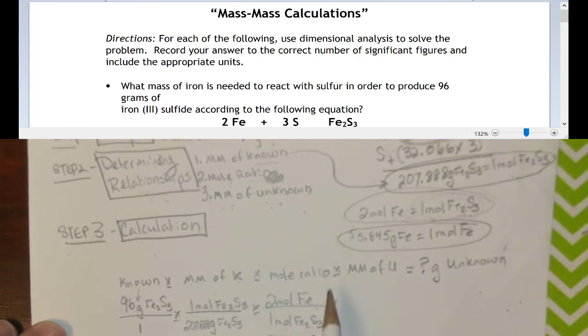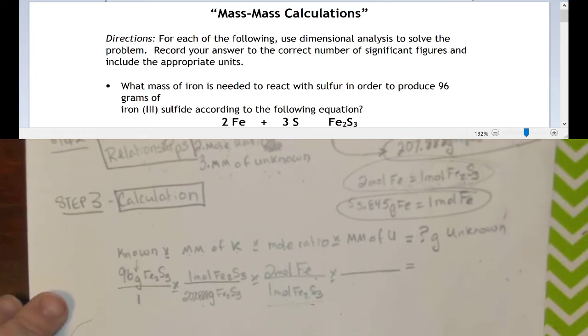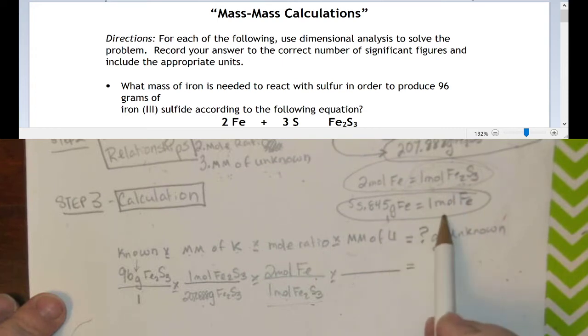And now we're able to move on to the final relationship before we start canceling out units and checking our answer, solving for our answer. It's the molar mass of our unknown, or molar mass of unknown, which is 55.845 grams of iron equal to 1 mole. We have the same issue we had when we were over here. We now must find out whether or not grams are going on bottom or moles are going on bottom.